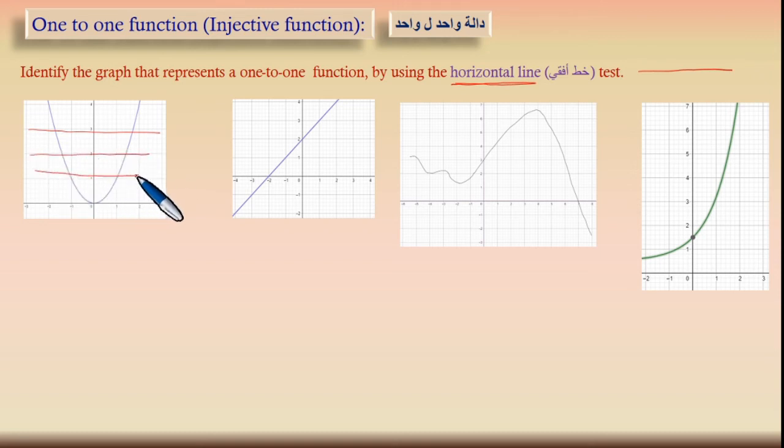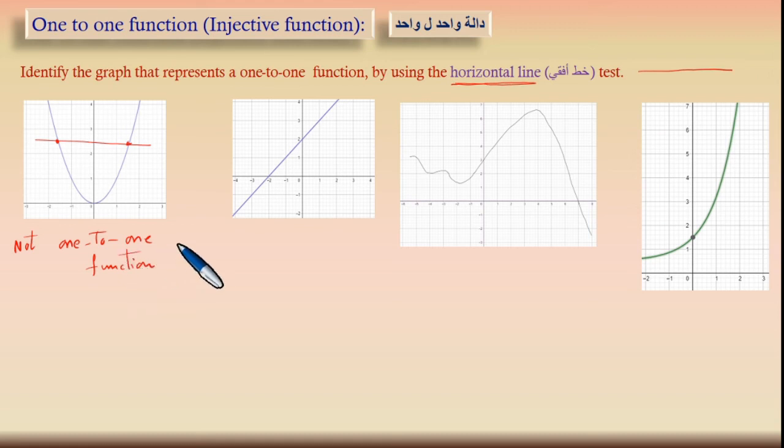Just check it like this. If it is touching at 2 points anywhere, this is a horizontal line, but this function is touching at 2 points. Therefore, it is not a one-to-one function.